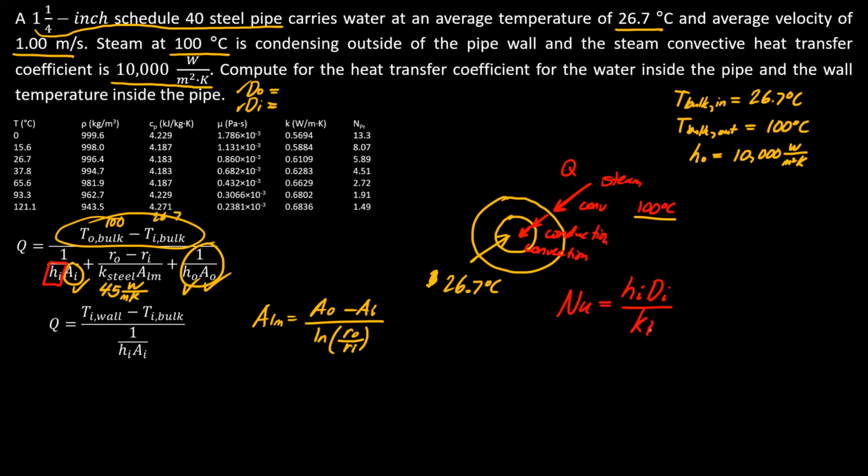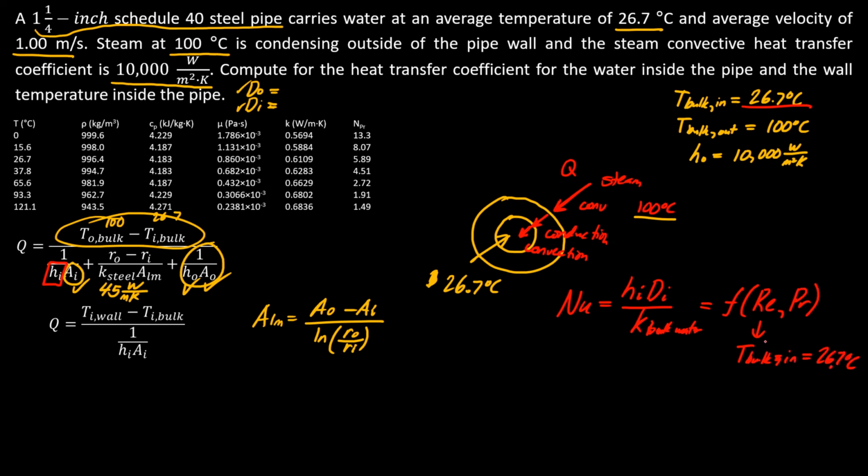This is basically the thermal conductivity of the bulk water inside. That is at 26.7, inner diameter, and the Nusselt number is a function of the Reynolds number and the Prandtl number. Everything, all of this are evaluated at the bulk fluid inside. That is 26.7.